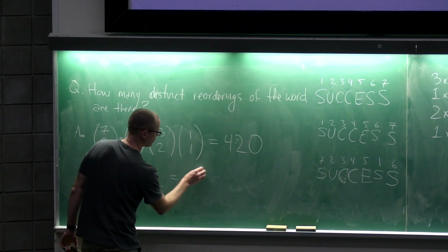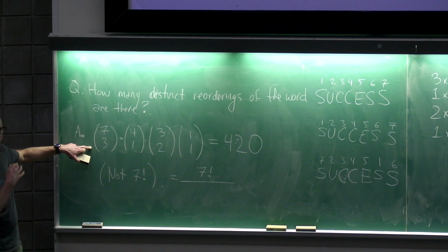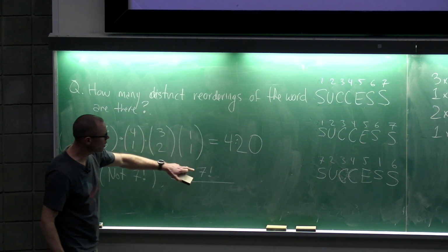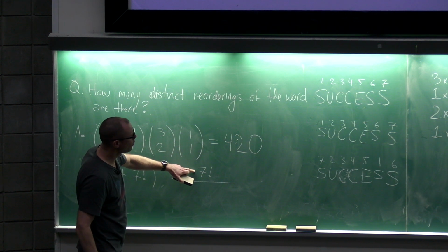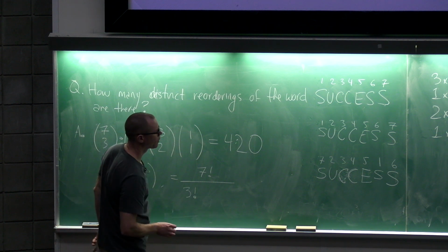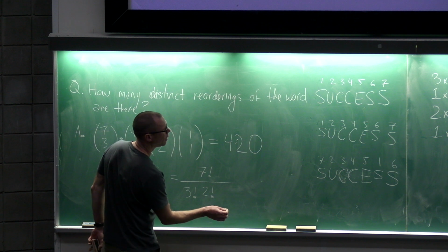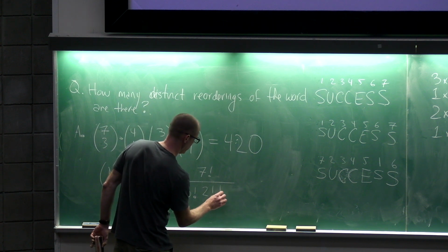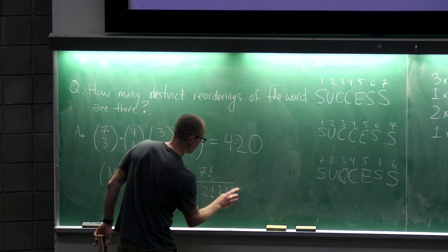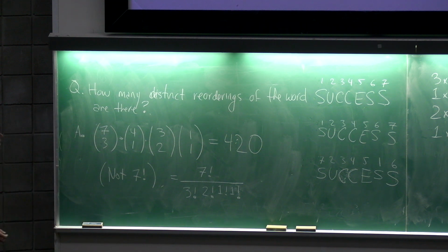So, again, if you tear this thing apart and write it explicitly, what you'll find is that this is actually 7 factorial divided by 3 factorial, 2 factorial, 1 factorial, 1 factorial. So why is that?